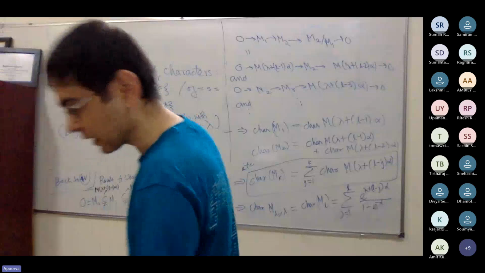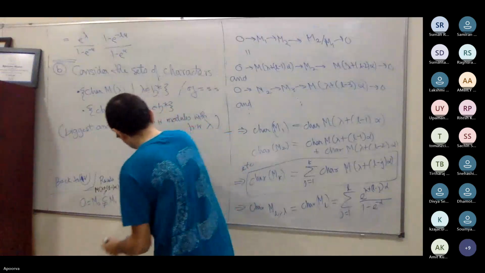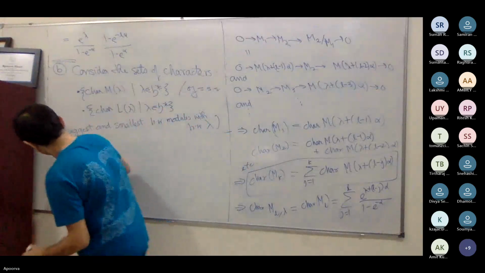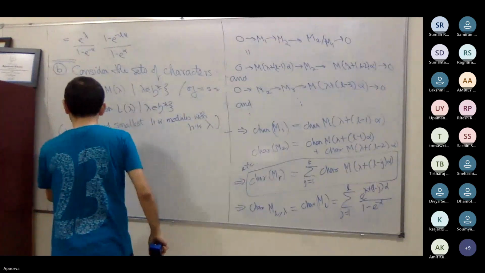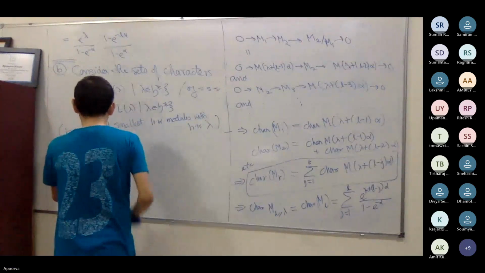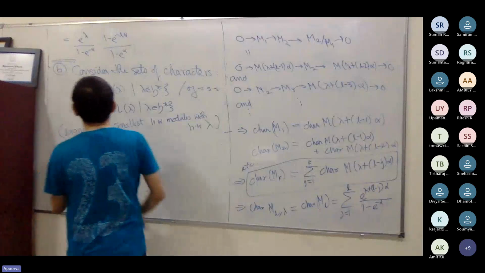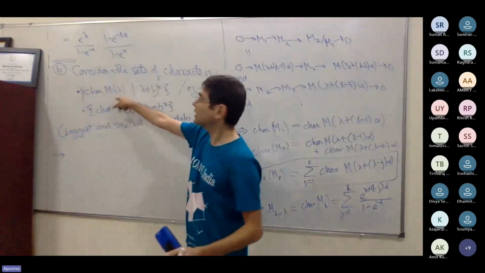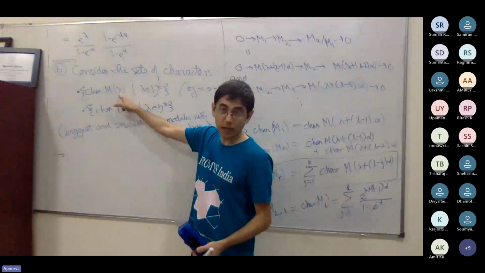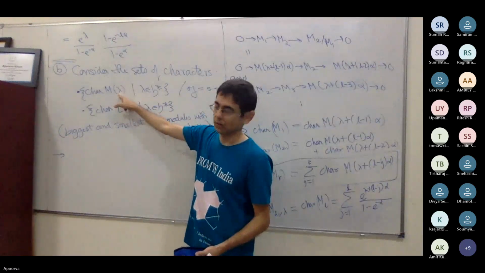So here are some properties. First, the question is how are they related? Maybe before how are they related, let me point out an observation. So I claim that the first set of characters, the characters of the Verma modules, are linearly independent.